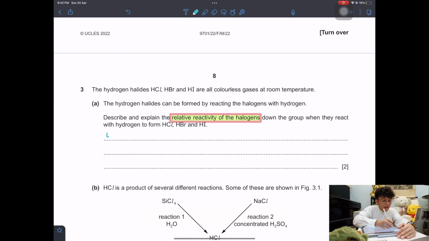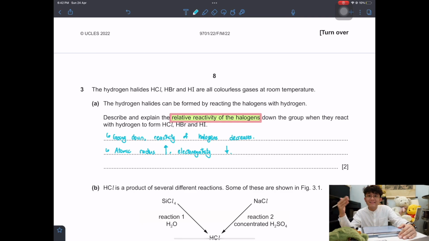So going down, the reactivity of halogens decreases, right? Why is it so? Reason being atomic radius increases. When you have greater atomic radius, the electronegativity decreases, right?